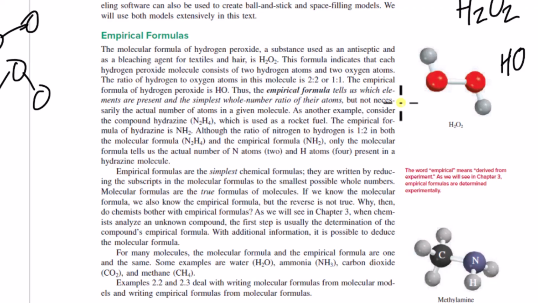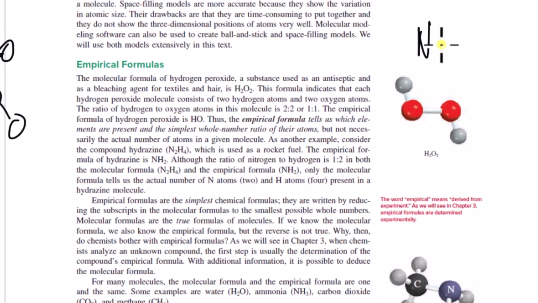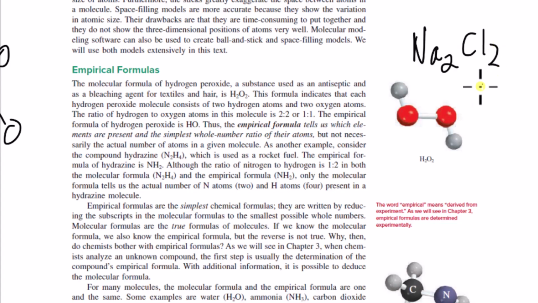So you might be asking, why are we even talking about empirical formulas in relation to molecular substances? Because one of the uses of the empirical formula is in the case of non-molecular substances. That's what we talked about. For sodium chloride, you're not going to write Na2Cl2. No, you're going to report the empirical formula.